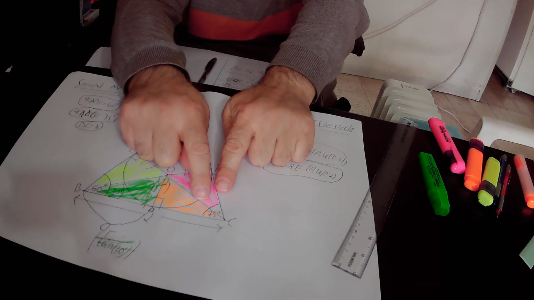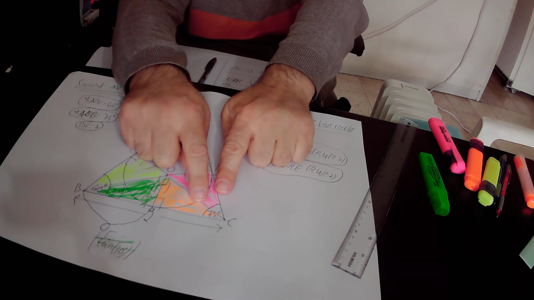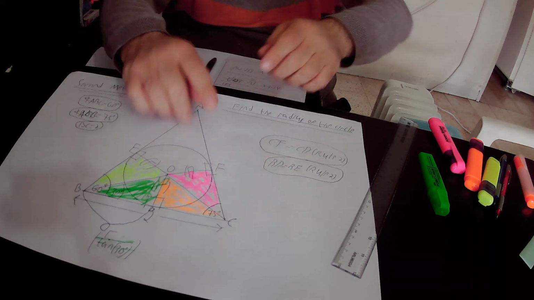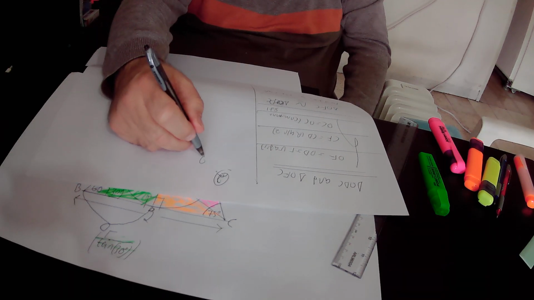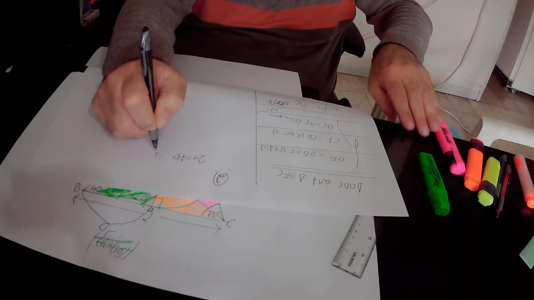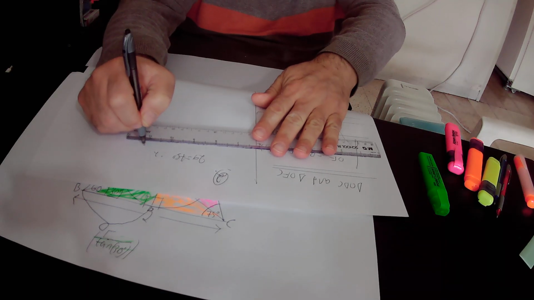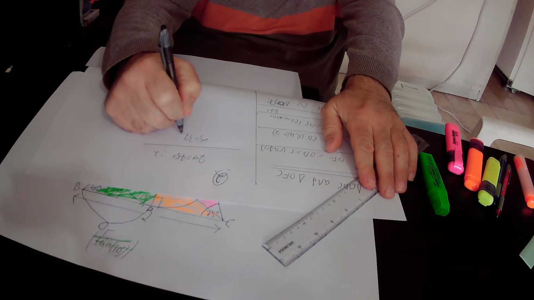So alpha plus alpha in total are equal to 75 degrees here according to what is given as the equation. So 2 alpha equals 75 degrees. We divide this equation by 2 and finally we get that angle alpha equals 75 degrees over 2, that is 37.5 degrees.